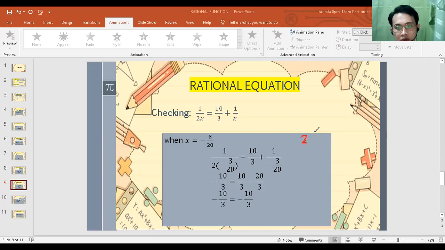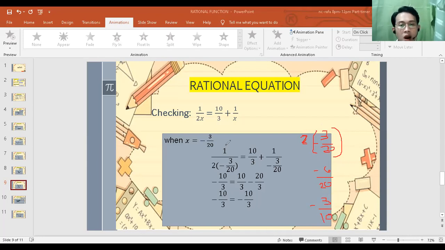This is 2 times negative 3 over 20. So 2 times negative 3, that's negative 6 all over 20. And then you simplify. Divisible by 2, right? So 6 divided by 2, you have it there. Negative 3 over 10. So you have the value negative 3 over 10.